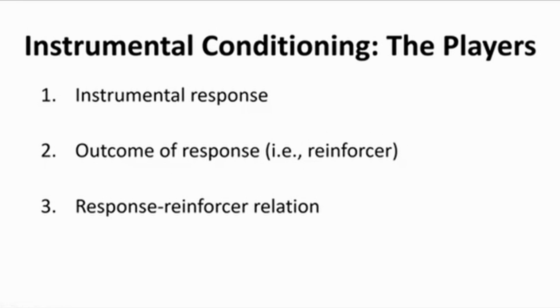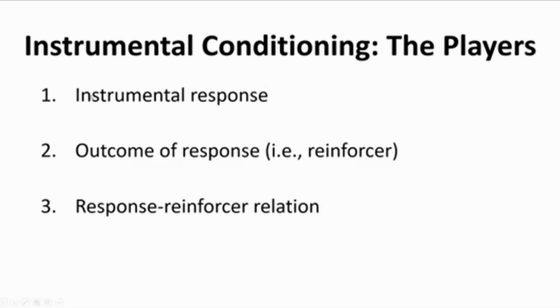We'll talk about punishers and aversive stimuli in a later chapter. I think chapter 10 is when we start looking at aversive stimuli. So most of what we're going to talk about from here on out is going to focus on positive and negative reinforcement. Just keep in mind that that's not going to be the whole picture.